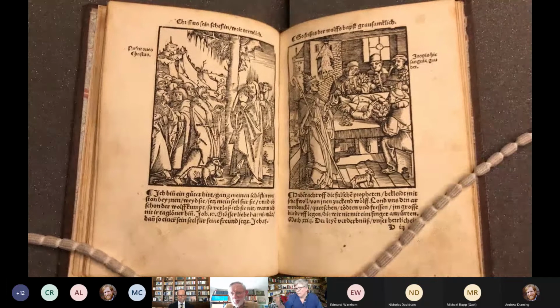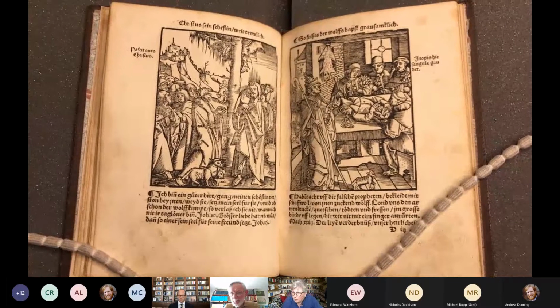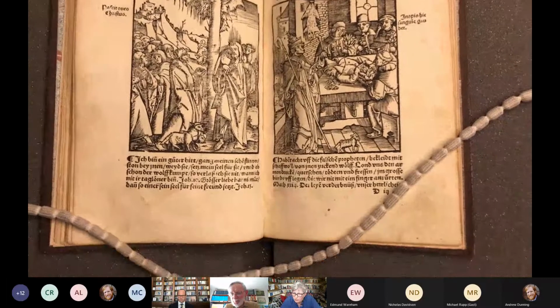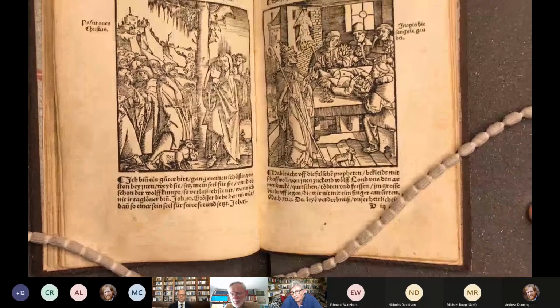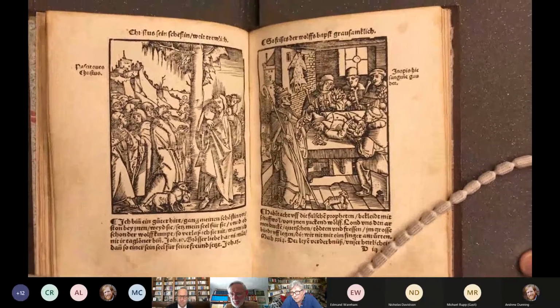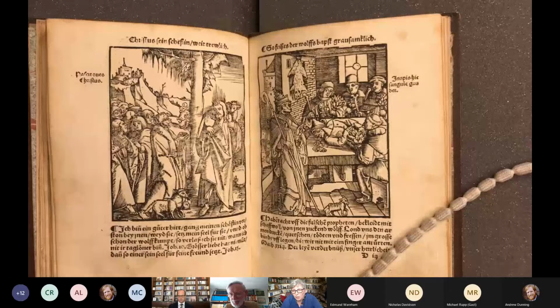And something perhaps for discussion later, I was wondering whether this also picks up the iconography for Simon von Trient, who was quite an infamous case of anti-Judaic polemic, of a boy who was reported to have been tortured by the Jews to get his blood.